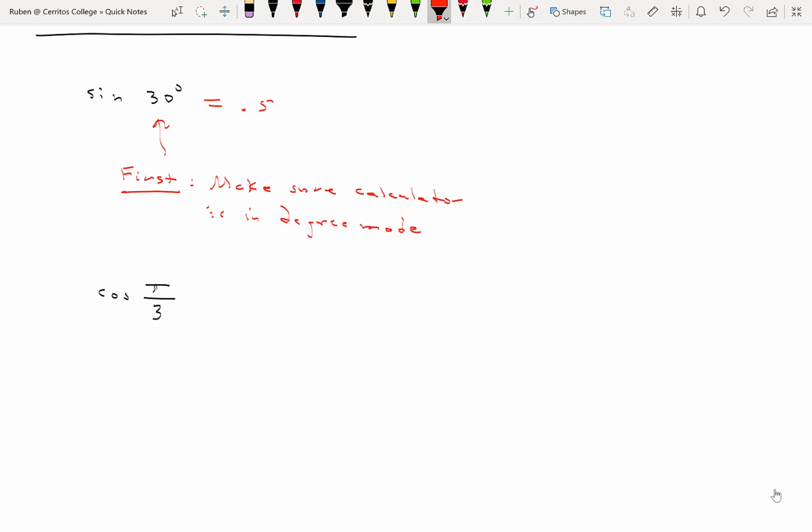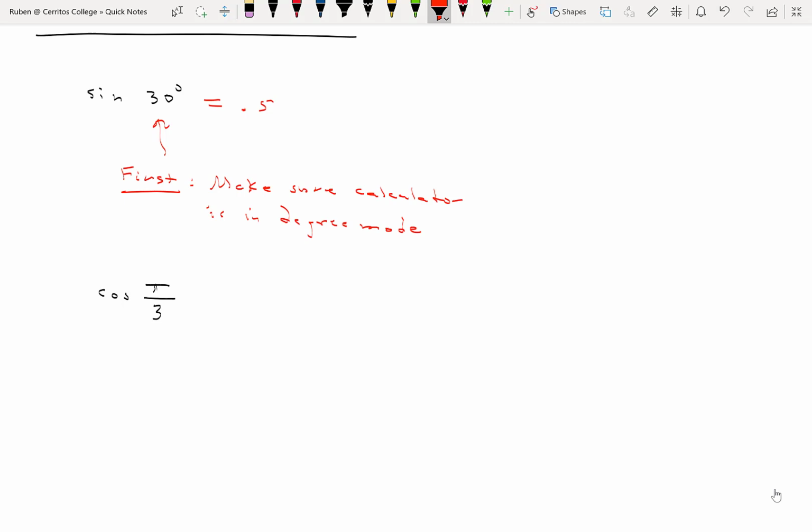Because an angle has pi in it doesn't make it radians. What makes pi over 3 radians? Think about it. This is going to be a potentially point-value expensive mistake on a test. So be very careful. What makes pi over 3 a radian? It's not the pi. It's the fact that it's missing a degree symbol.